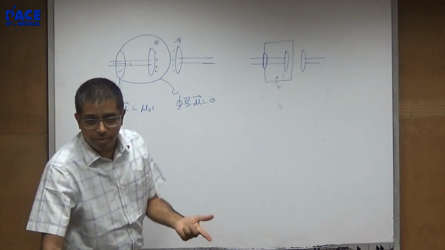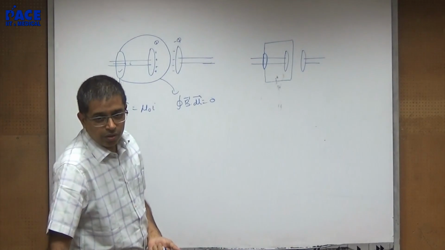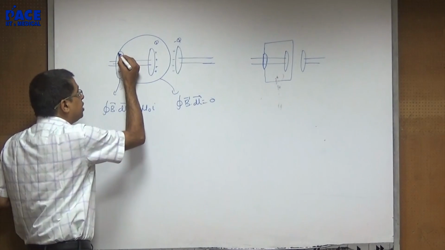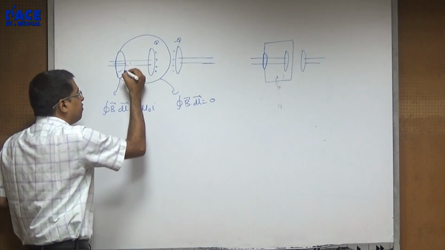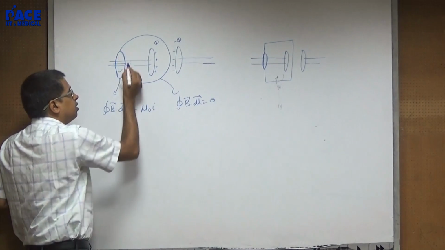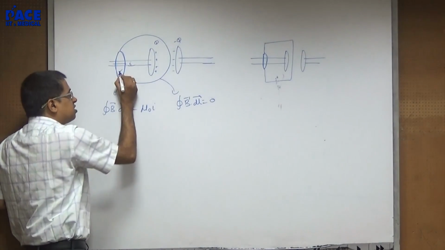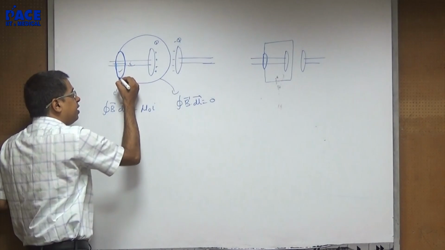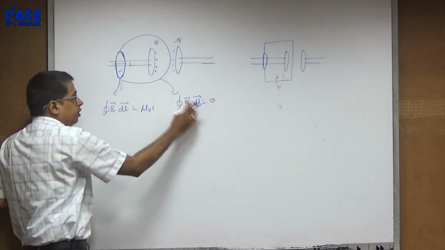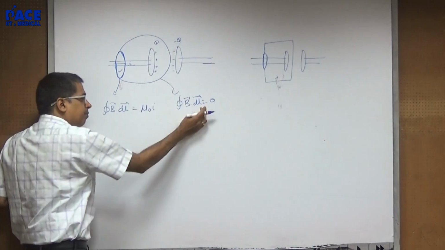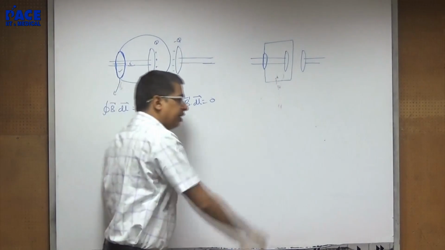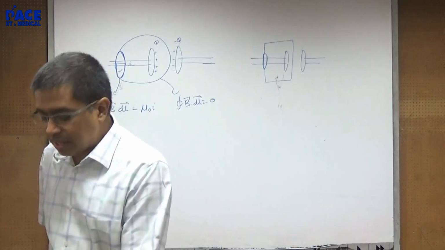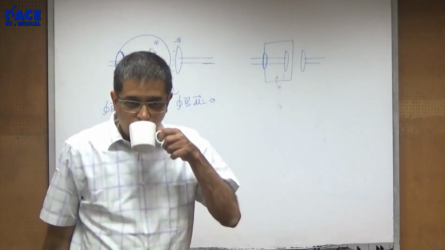Current passing through a capacitor is 0. Now this is contradicting closed integral B dot dl for this. Using this surface I am getting this. Same closed integral B dot dl for this, using this surface I am getting 0. The same thing here. So they said there should be some correction to be done here.